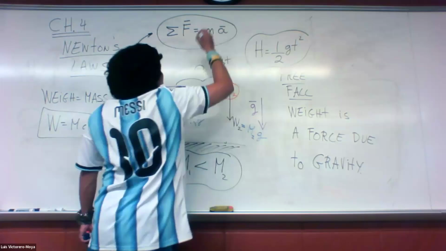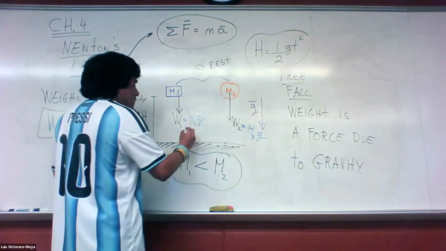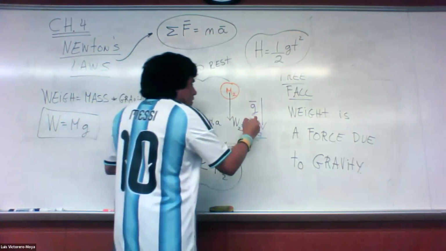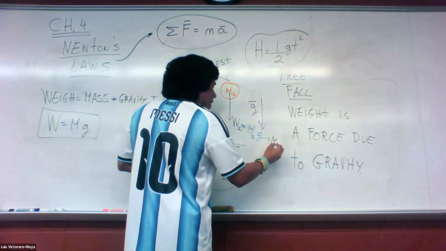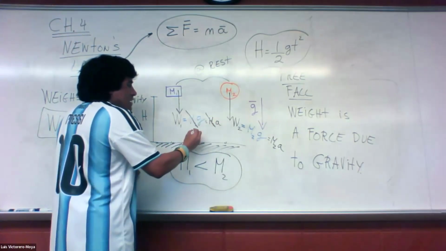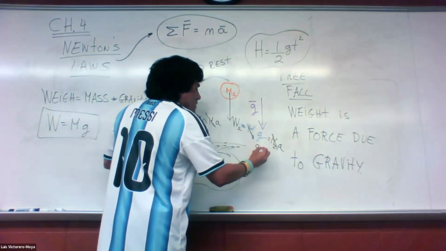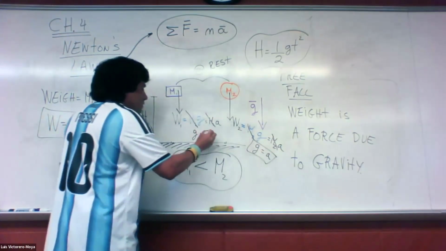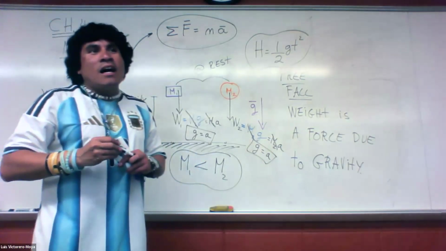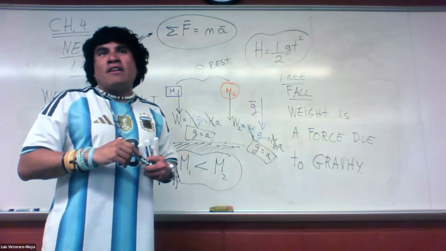This is Newton's second law. So this is M1A. This is M2A. So I cancel the masses. Gravity is the acceleration for both. Since gravity is the acceleration for both, they both reach the ground at the same time. That's the force sort of explanation for free fall.